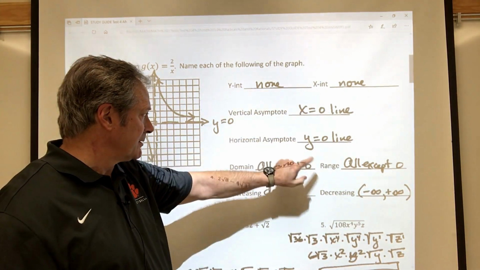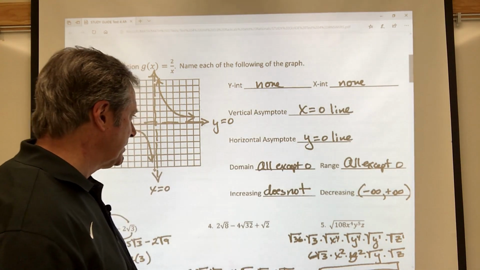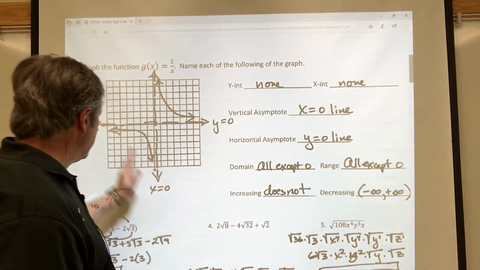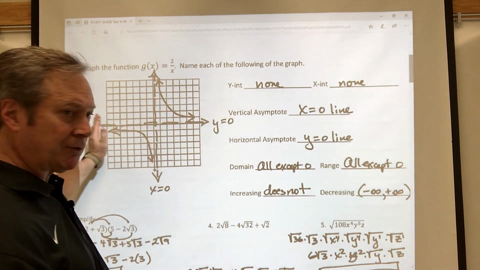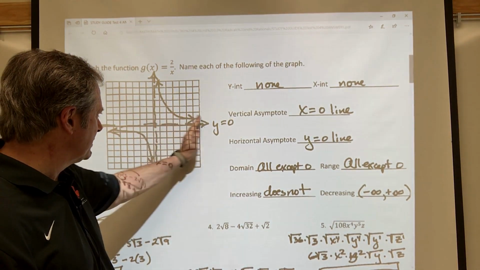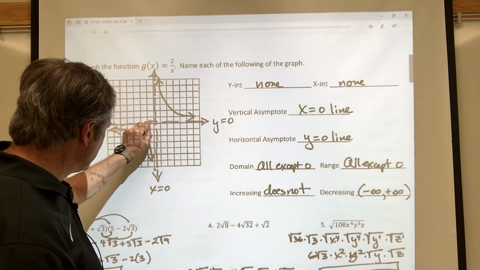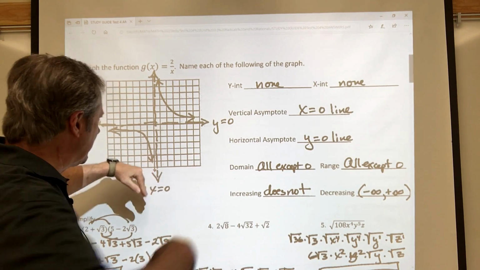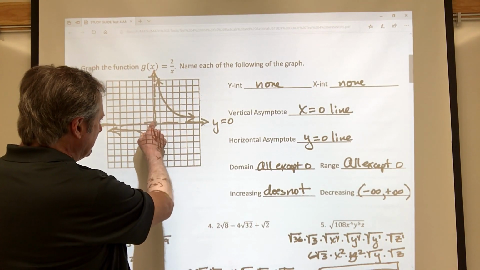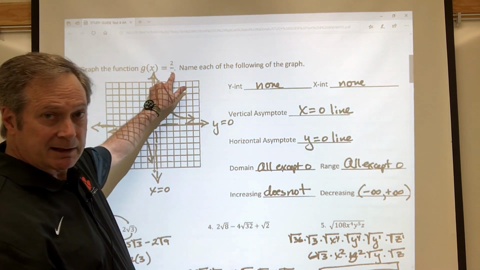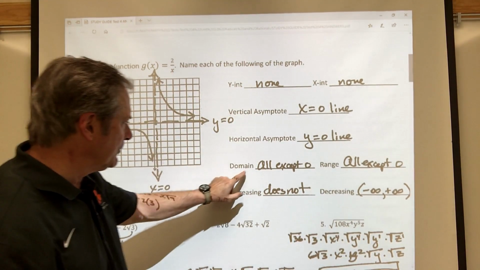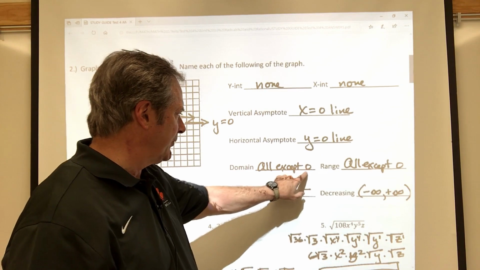I've mentioned the vertical asymptote and the horizontal asymptote. The domain: because you've got arrows to the left and arrows to the right, all x values will ultimately be included except when you get right there. That's why this thing dashes down and splits, because there is no x equals 0, as that would make it undefined. So we'd say the domain is all real numbers except 0.